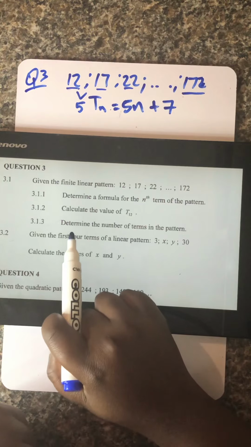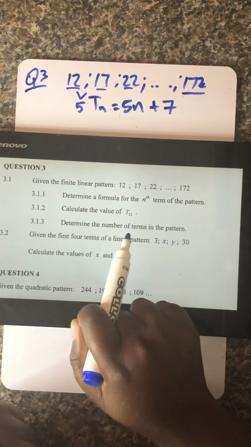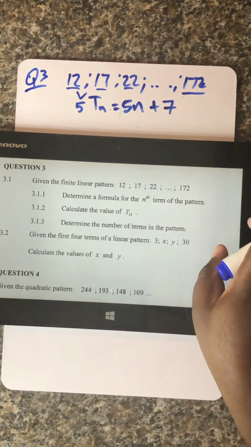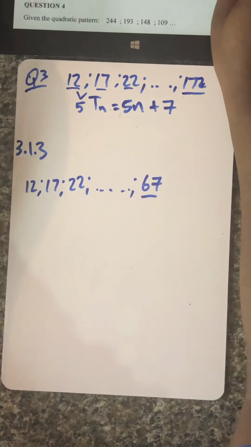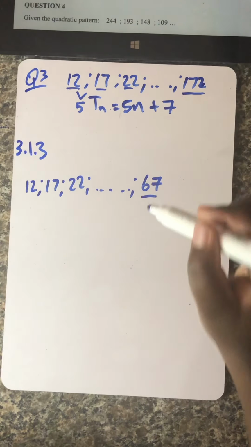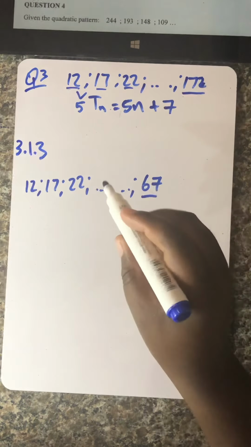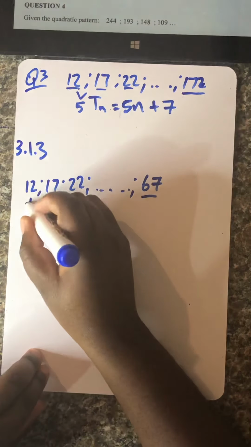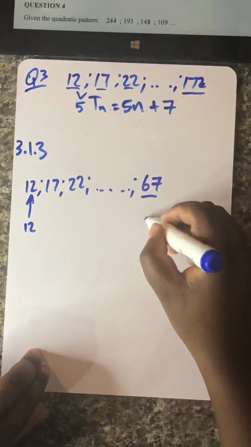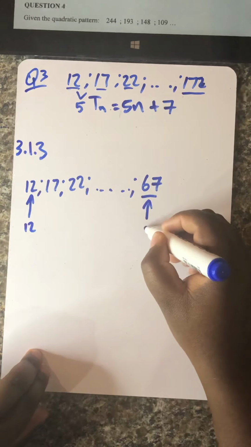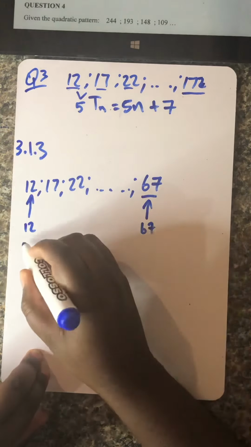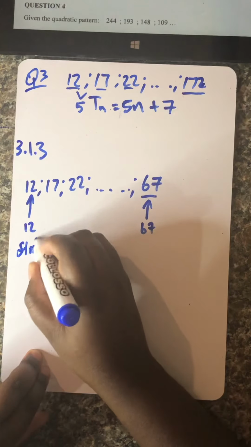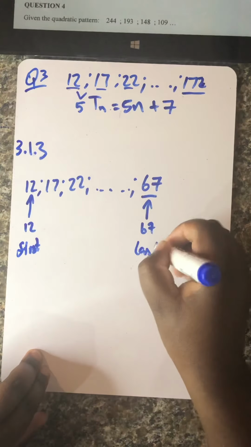So if the question says determine the number of the terms in the pattern that I've just given to you, in this pattern, what they want you to tell is how many terms have you got where the first term is 12 and the last term is 67. This is the first term and this is the last term.